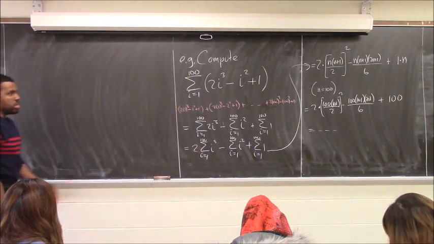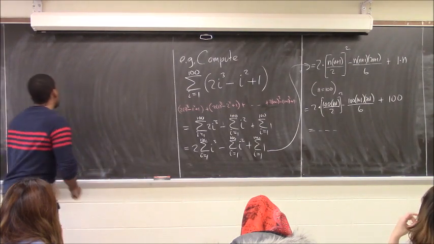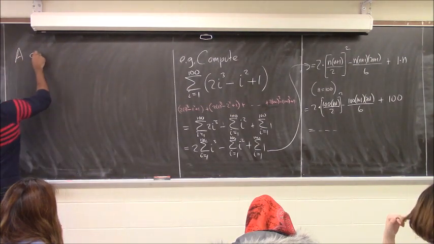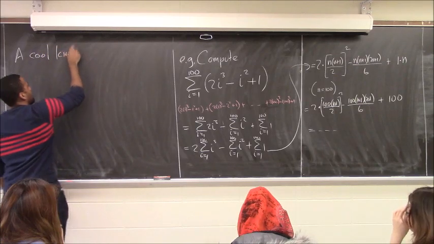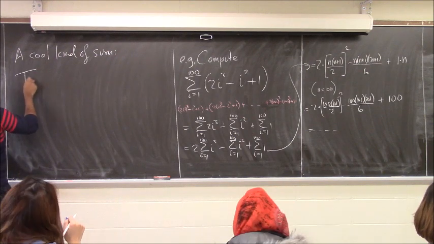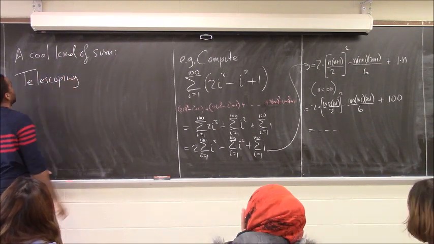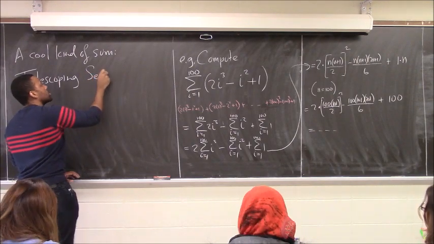Now again, you'll see many different kinds of sums in Calculus 2, but here's a cool kind of sum, which you will see again, but I'd like to introduce it in Calc 1. It's called a telescoping series.